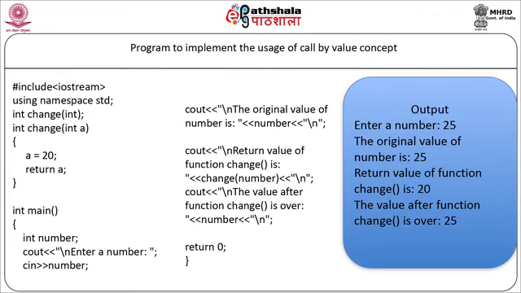Now the return value of the function change is, here the change function will be called where 25 will be passed as an argument. Now just notice here that 25, which is the number value, will be given to the parameter variable a. So the number value 25 will be copied to the variable a.